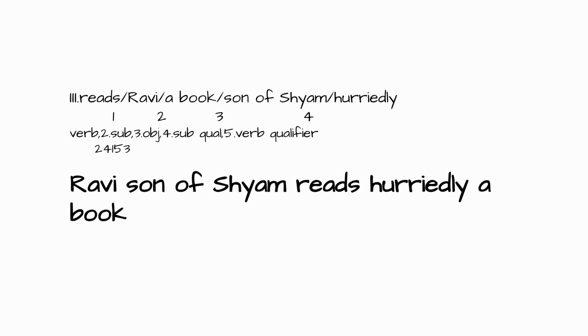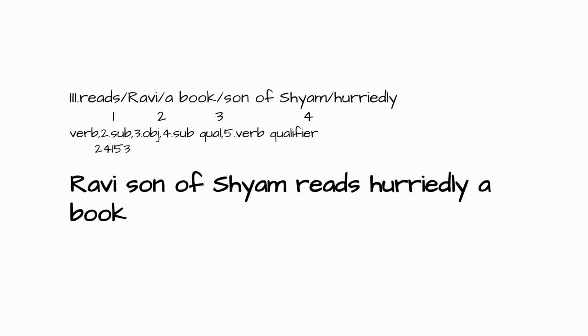What will an adverb do? An adverb will qualify a verb. So that's why this fifth part in this jumbled word group is called the verb qualifier. So in these jumbled words there are two qualifiers. One is the subject qualifier, that is part 4, son of Shyam, and the other is the verb qualifier, that is part 5.